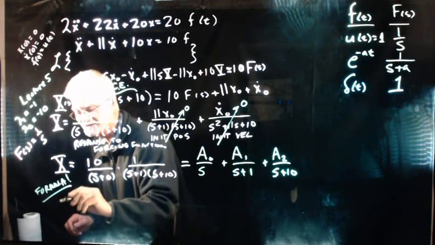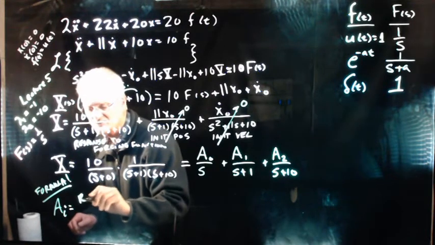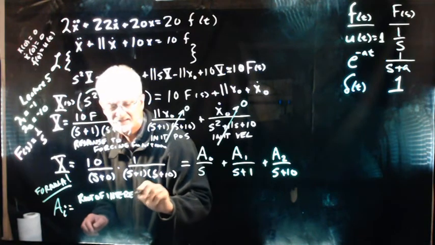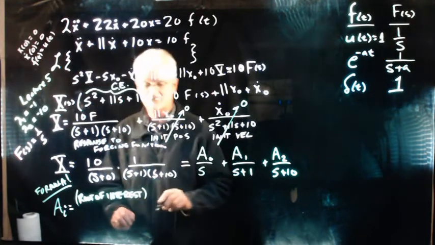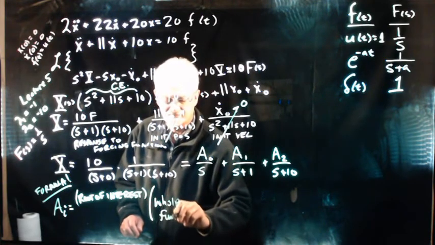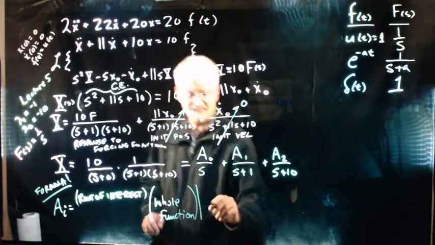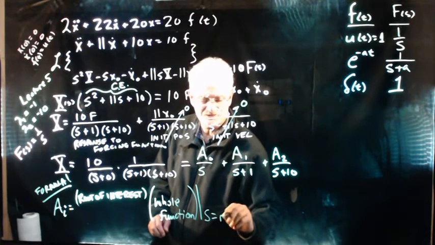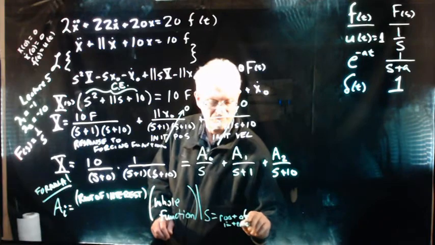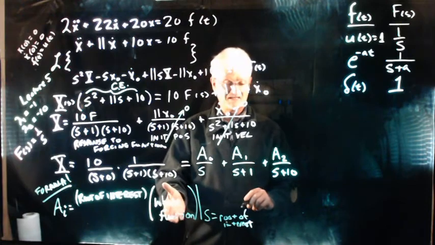I'm going to say that A sub i is equal to the root of interest times the whole function, but it's evaluated at s equal to the root of interest. Right? So that's the formula.